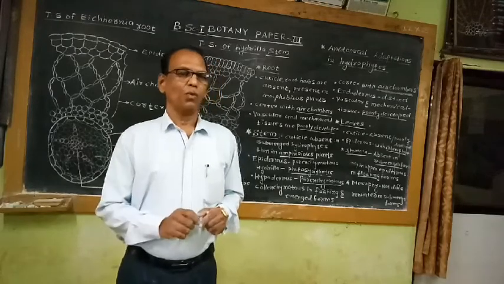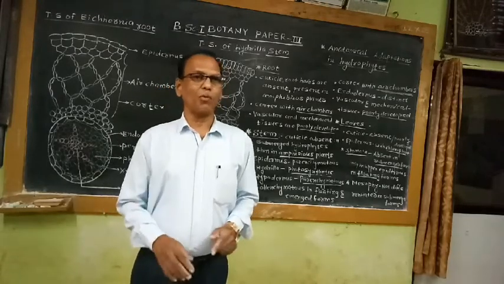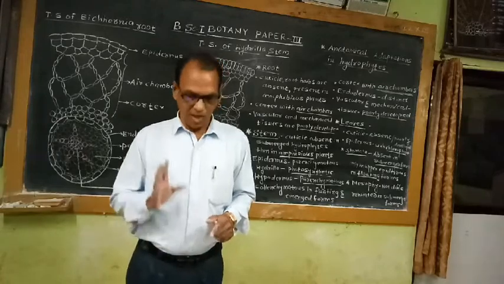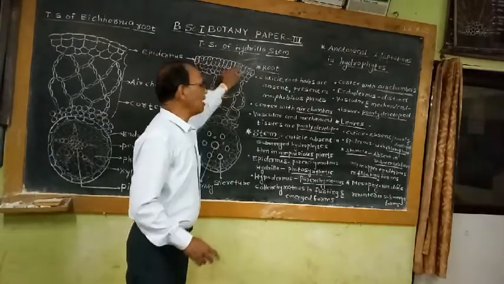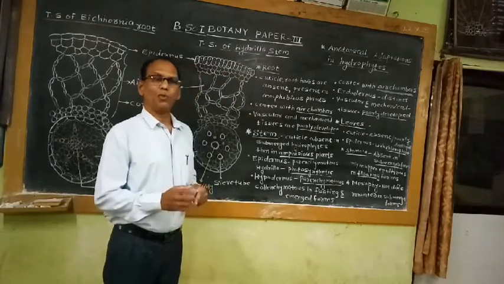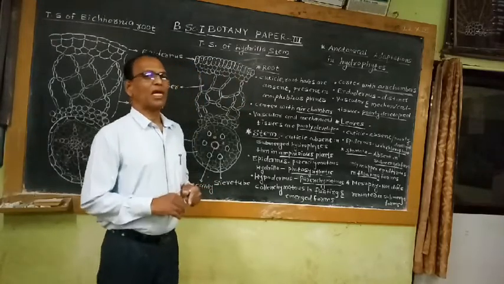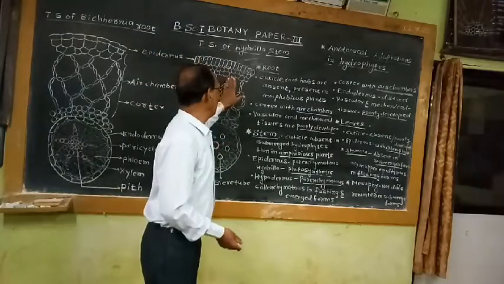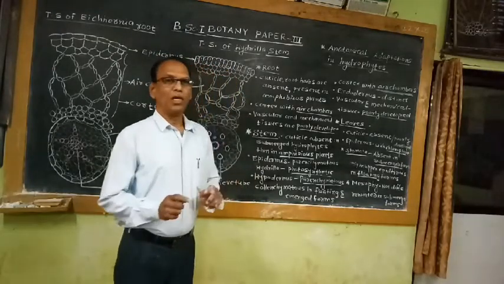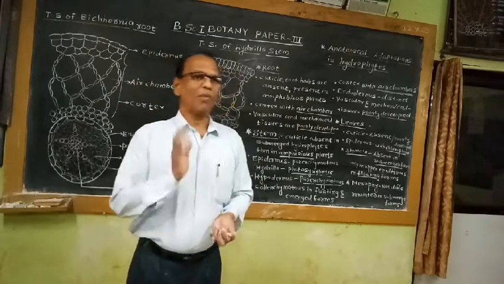Only the root takes part in absorption of water and nutrients with the help of root hairs. But in aquatic plants, for example Hydrilla, the stem epidermis can take part in absorption of nutrients and water. The leaf epidermis can also take part. That's why the root system is very poorly developed.